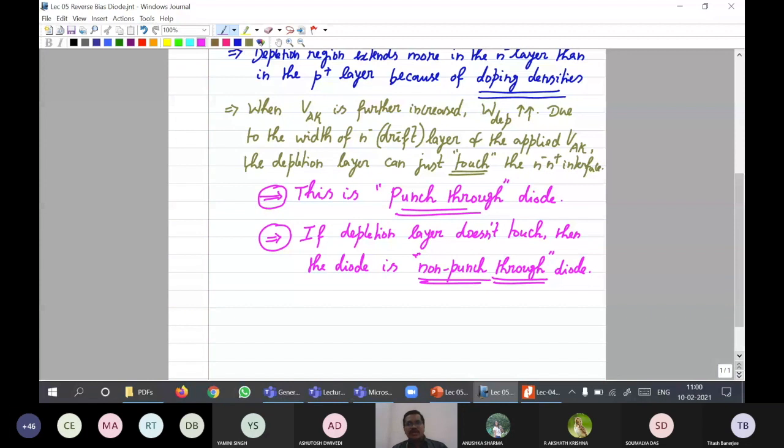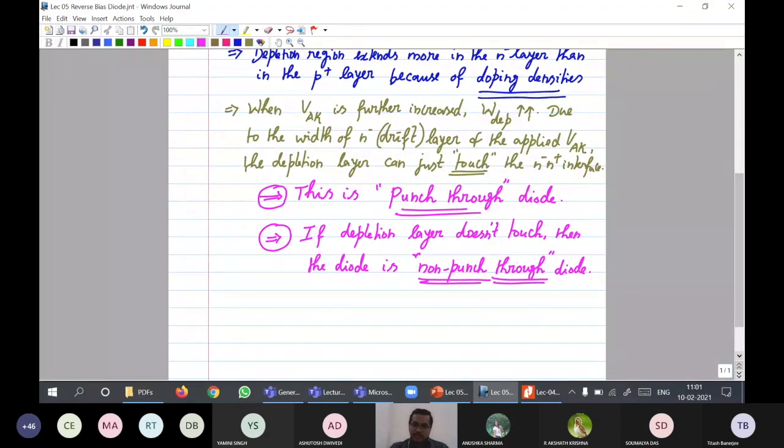How does one still consider the diode to be working when the charge carriers have punched through? That was the impression which I got when I read this first. It is not actually punching through and then damaging the device in a physical sense. The depletion layer just extends till that n minus n plus interface. That's all. It is not a detrimental phenomenon at all.